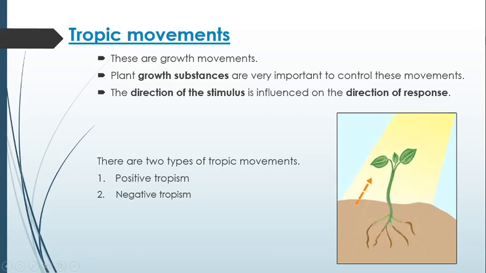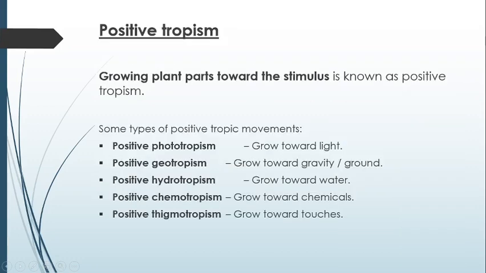It means that according to the direction of the stimulus, the response can be toward the stimulus or away from the stimulus. So according to that, there are two types of tropic movements. They are positive tropism and negative tropism. Positive tropism means growing the plant parts toward the stimulus.